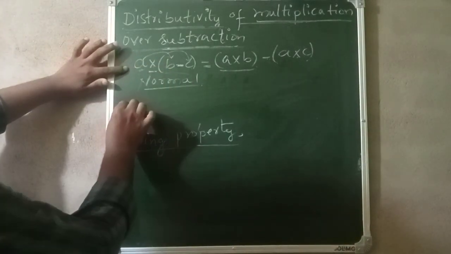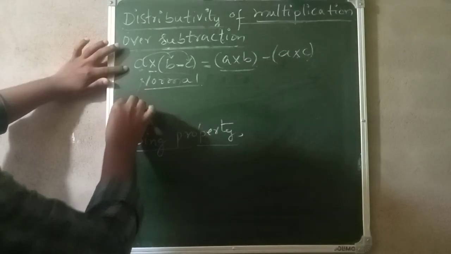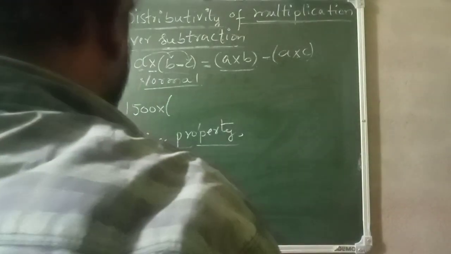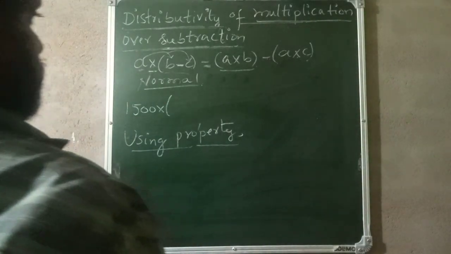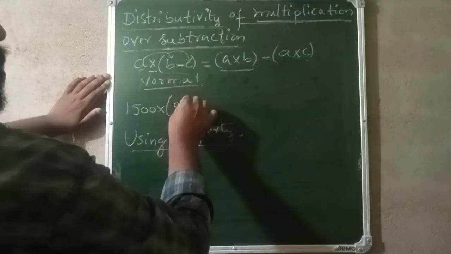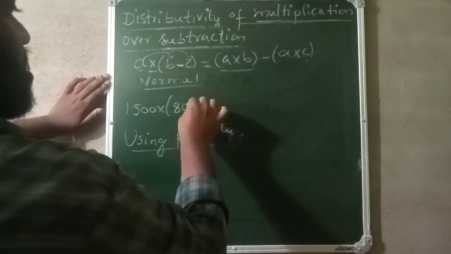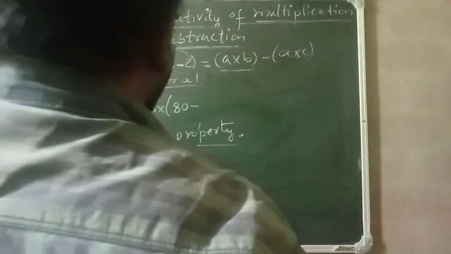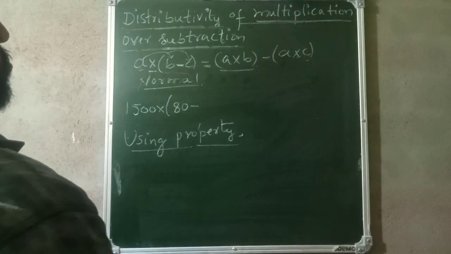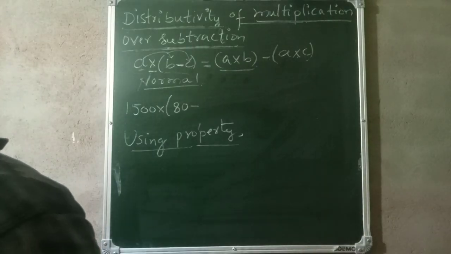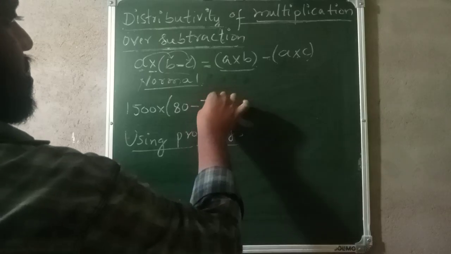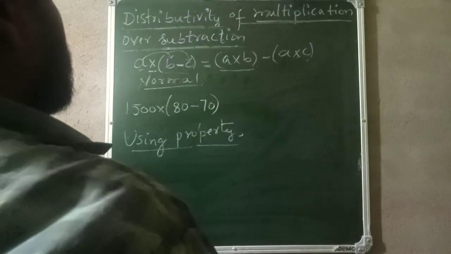So I will take like this. 1500 I will take. 1500 into 80 I will take minus 80 minus 70 I will take. Somewhat big number I took.